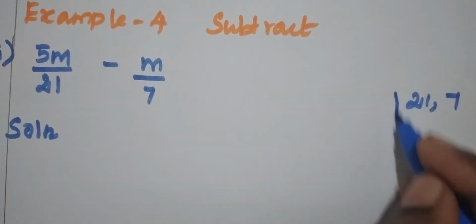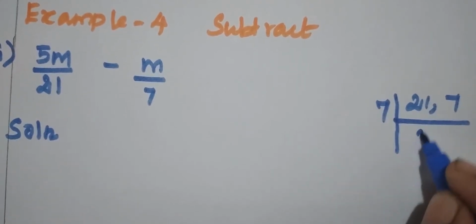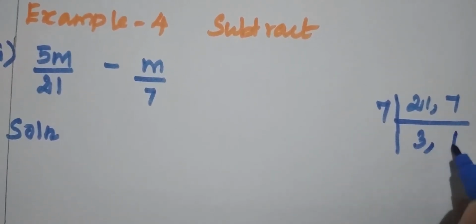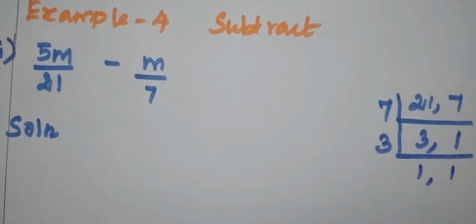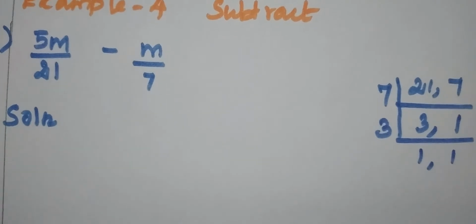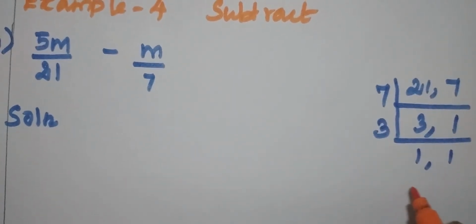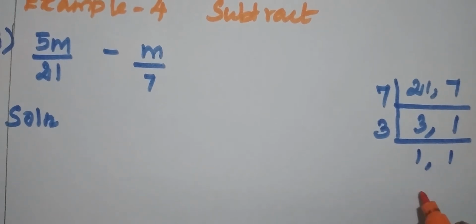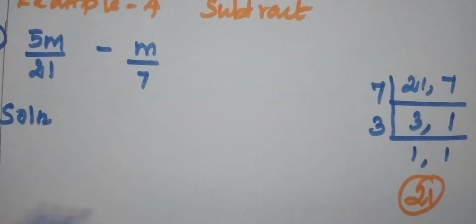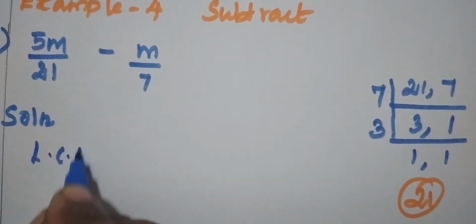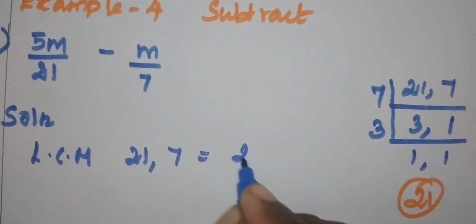Both are divisible by 7. 3 7s are 21 and 1 7 is 7. Again do it with 3. 1 3 is 3. Now you reach the number 1. So the LCM of 21 and 7 is 21.